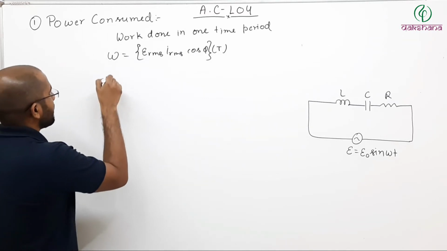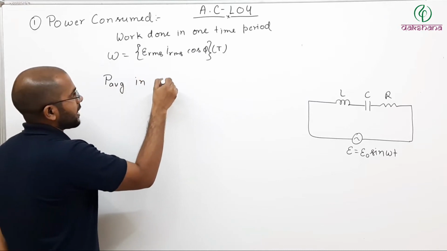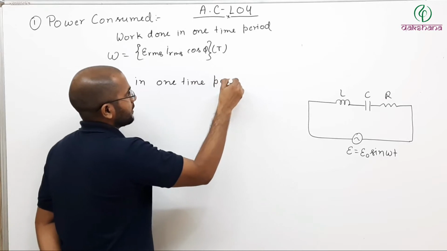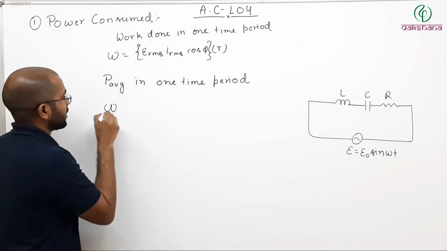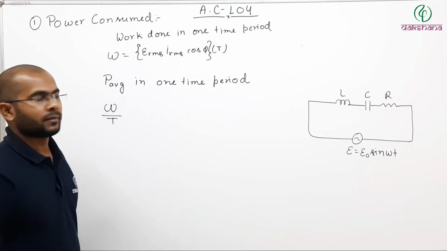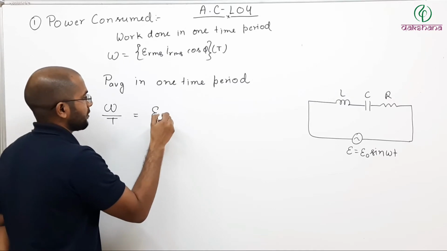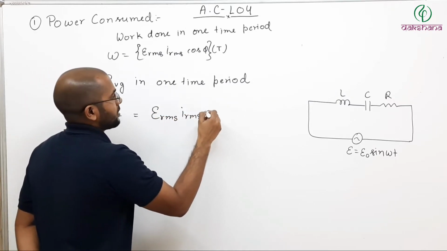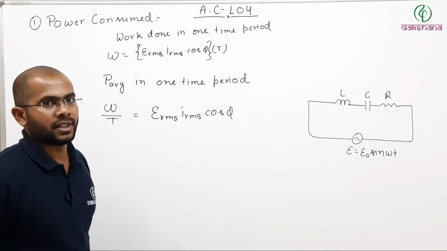So P average in one time period will be work done divided by time taken, and time taken is T, so that will cancel out. We are left with ERMS, IRMS and cos phi.